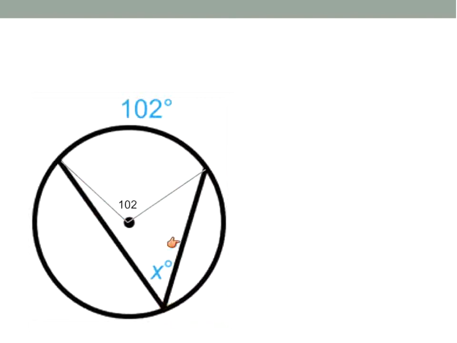Here's my central angle. Here's my inscribed angle. The middle one is always the larger one. So what does that mean? How am I going to find x? What did you have to do to the 102? You divided by 2. Good job. Because this is your a, and this is your 2a. So I took my 102, divided by 2, and I got 51.